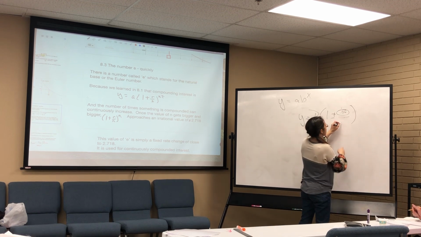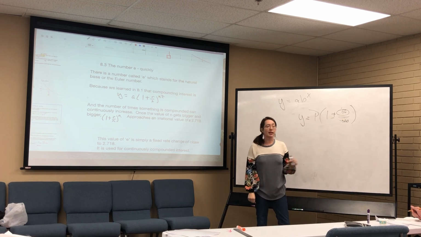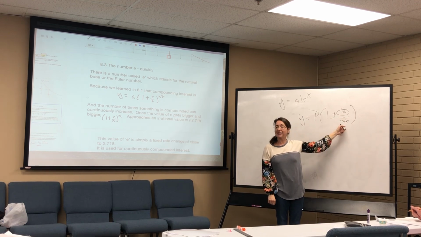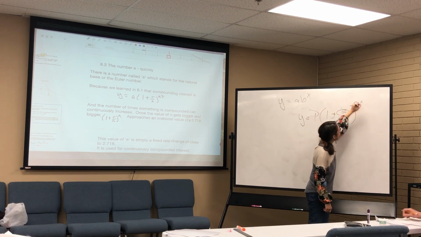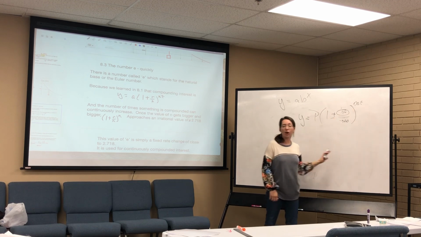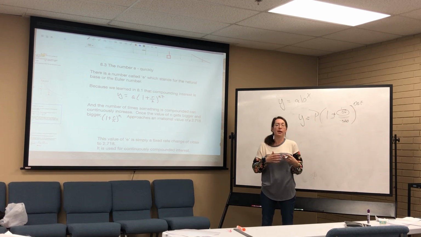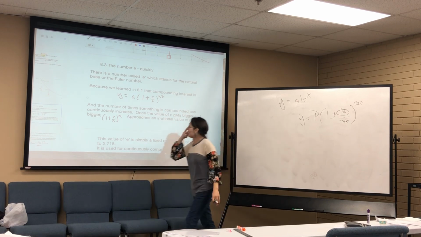This number starts getting really, really close to infinity, right? And we don't have a way to write that in a numerical, solvable form, which means we also have a number really close to infinity up here. So that whole process of continuously compounded, they work it out and it becomes an E.